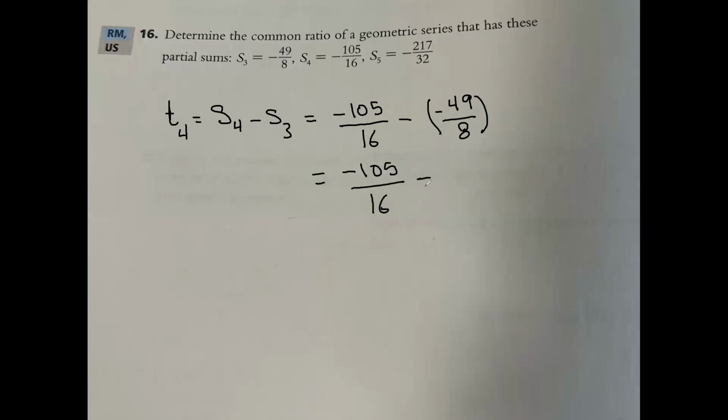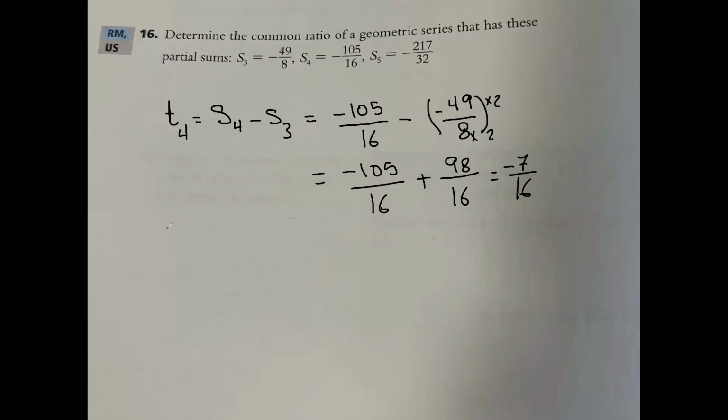Negative and negative here makes it plus, and I gotta multiply this by 2 and this by 2 to make a common denominator there. So that's 16. 49 times 2, 98. And therefore, negative 105 plus 98 is negative 7 over 16.